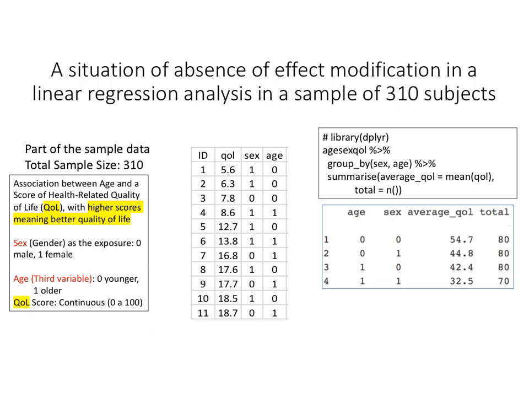The codes are for gender, 0 for male, 1 for female, and for the third variable age, 0 younger and 1 older. The quality of life score is a continuous variable, and a high score means better health-related quality of life.